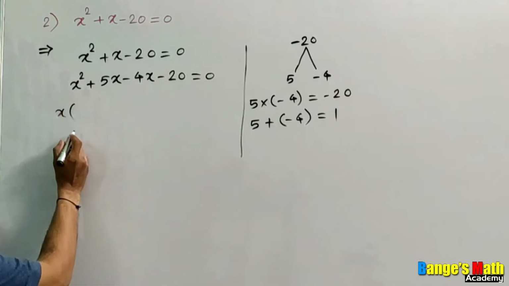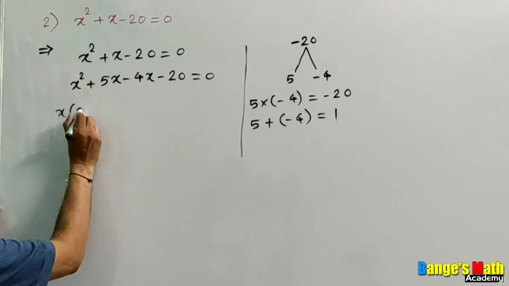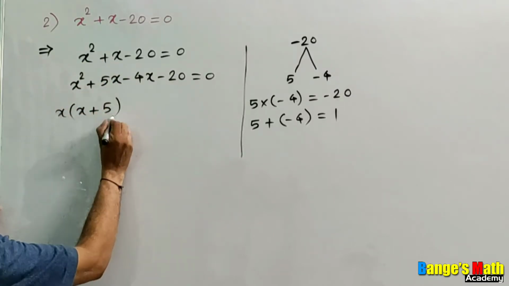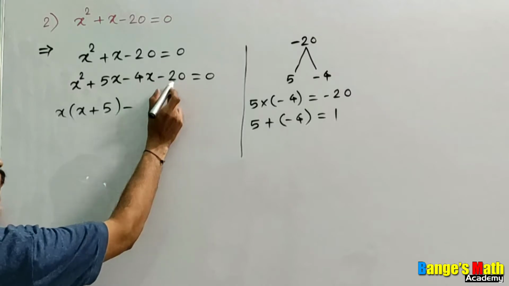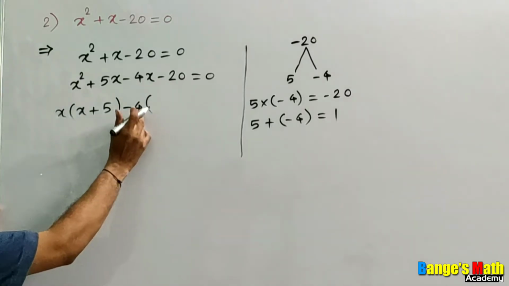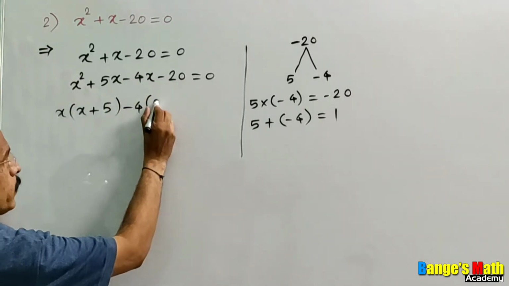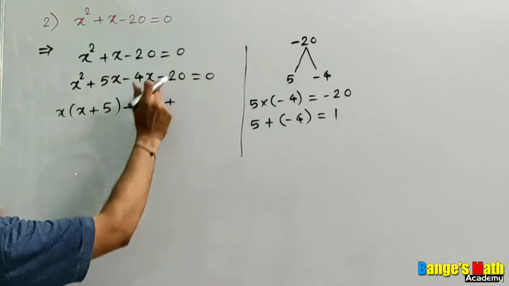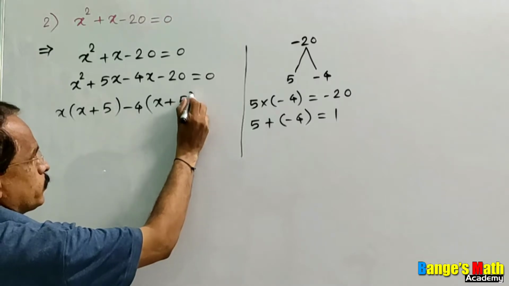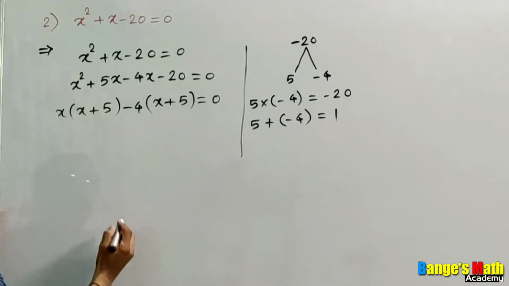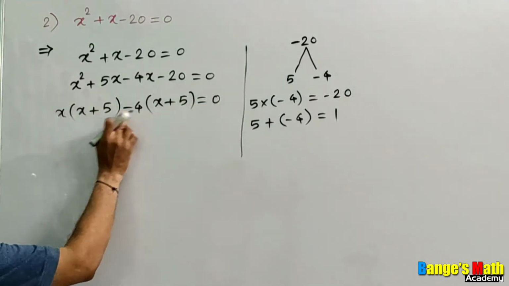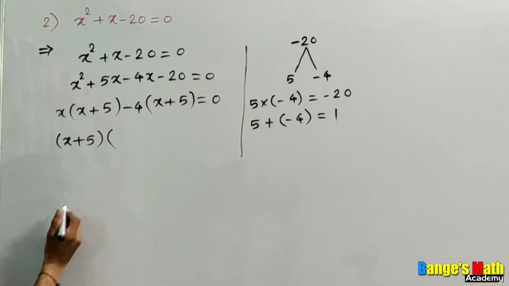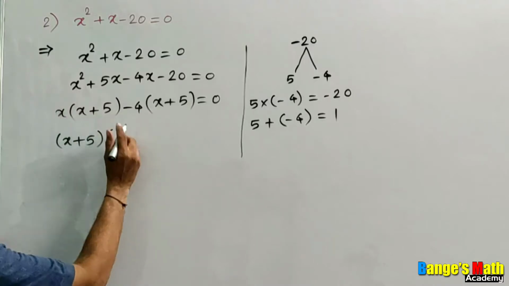Taking x as a common factor, divide x square by x, plus divide 5x by x, 5, minus we can take 4 from these two terms, then divide 4x by 4, x, minus into minus, plus divide 20 by 4, 4 5s are 20 is equal to 0. Write down one bracket for these two brackets, x plus 5 and into other bracket x minus 4.